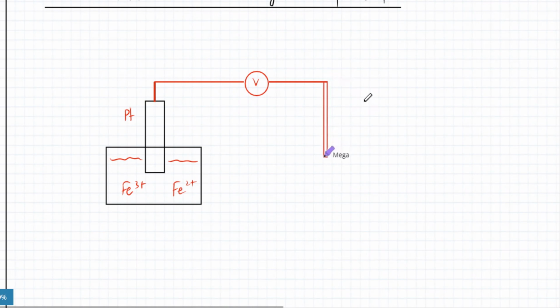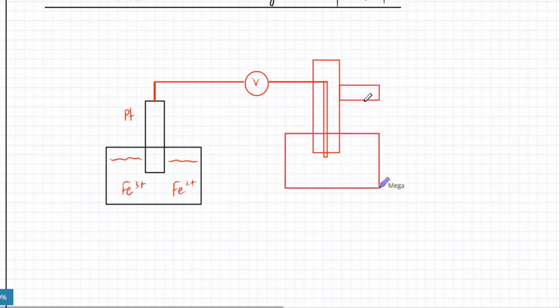All potentials are going to be measured with respect to the standard hydrogen electrode, which is basically H2 gas, and the container contains H+ ions. So it contains a lot of H+ ions, and there is H2 gas that's flowing in.